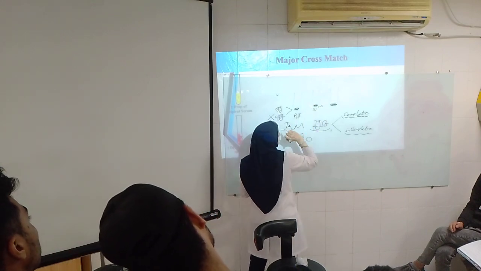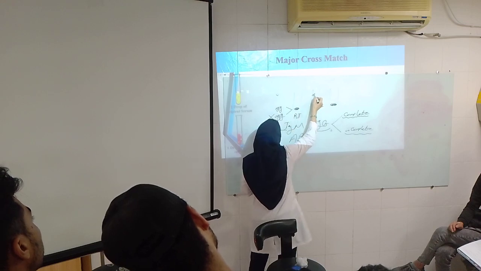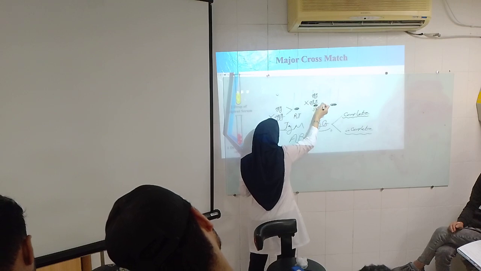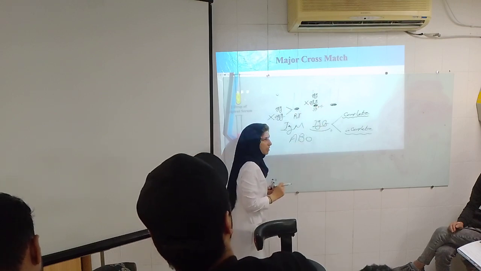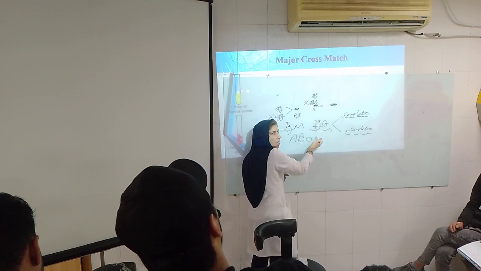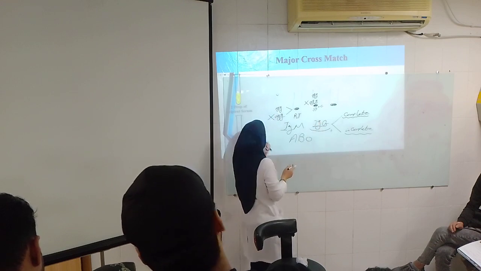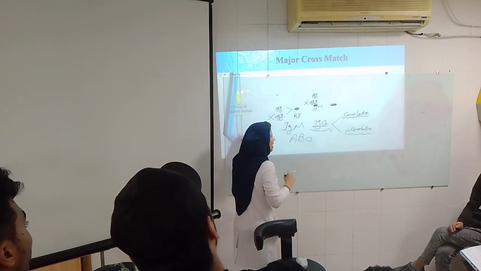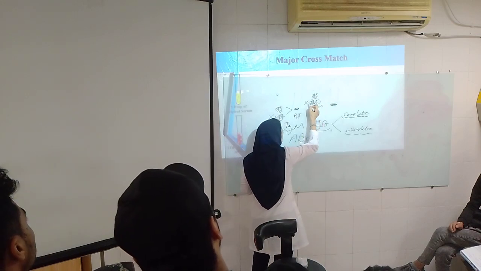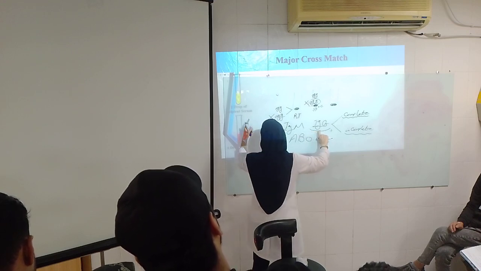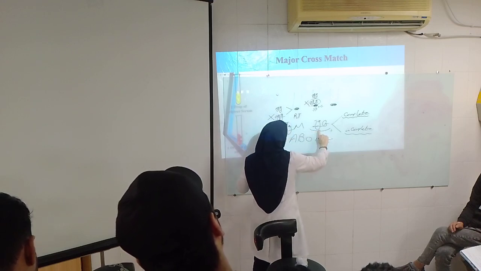Again we read it. Maybe you have agglutination, maybe you don't. If you don't have agglutination, it means that you don't have any contamination between complete IgGs of donor and recipient. So it doesn't have any problem. But if you see the agglutination, there is a contamination between the IgG of donor and recipient.